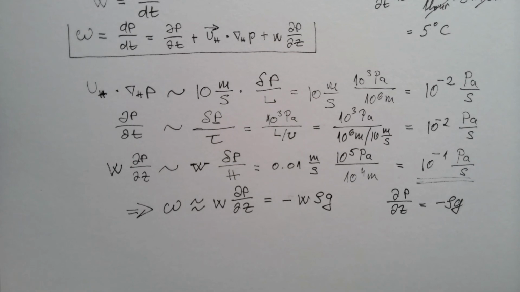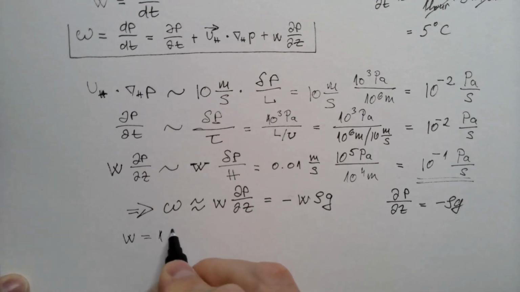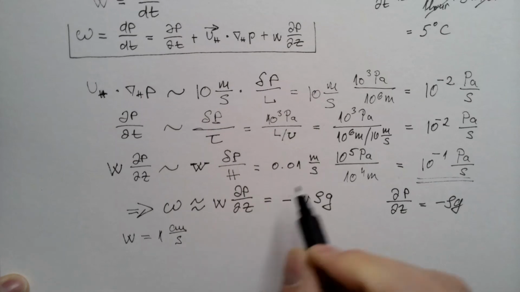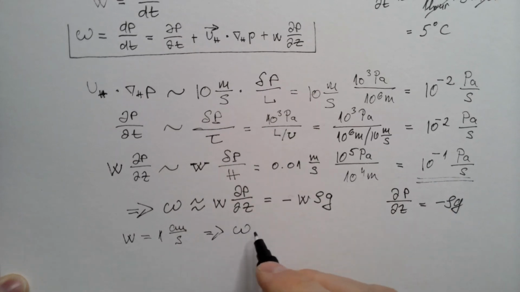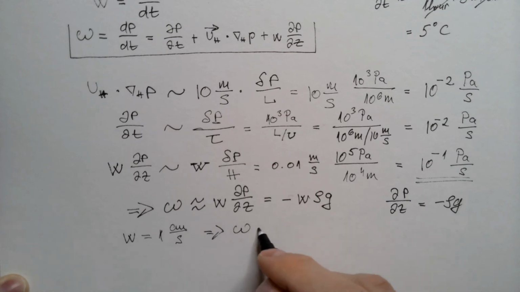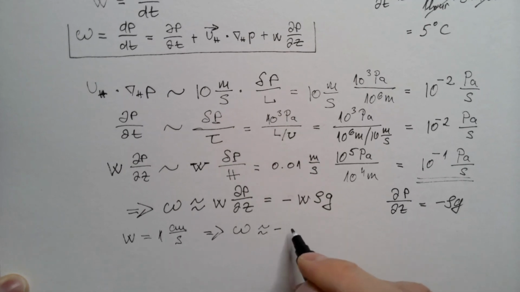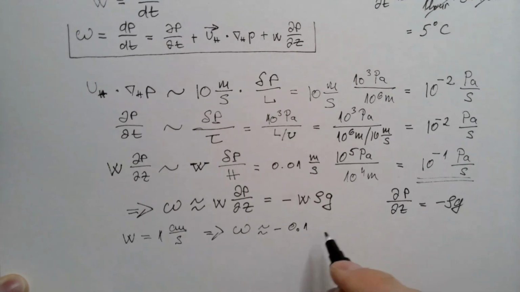I have videos on that if you want to check that out. So, for example, in this case, if W is 1 centimeter per second, which I used in this scaling, then it follows that omega is approximately minus 0.1 pascals per second.